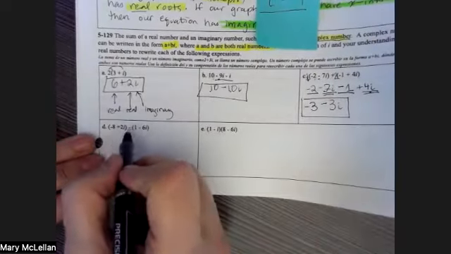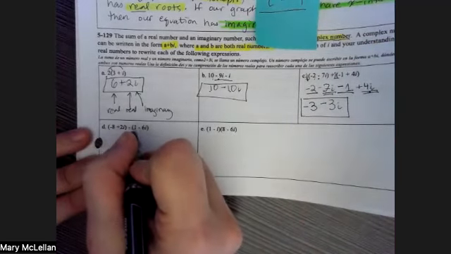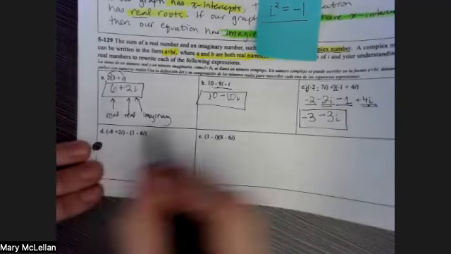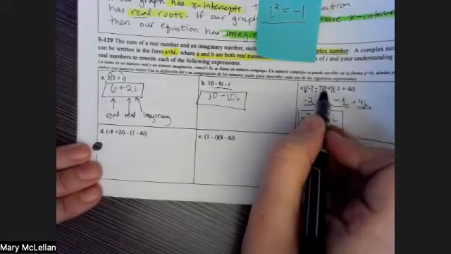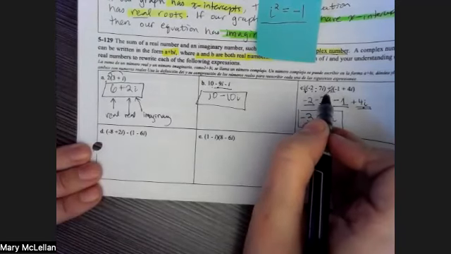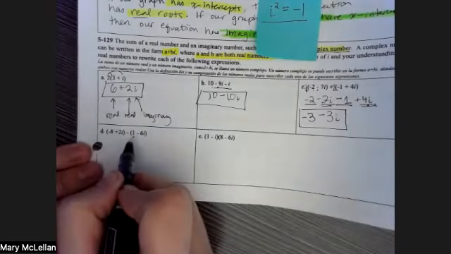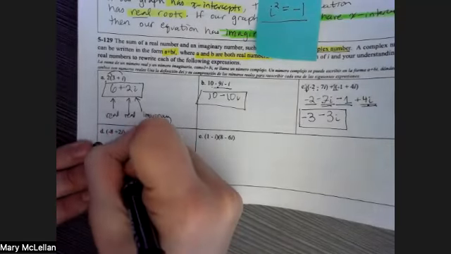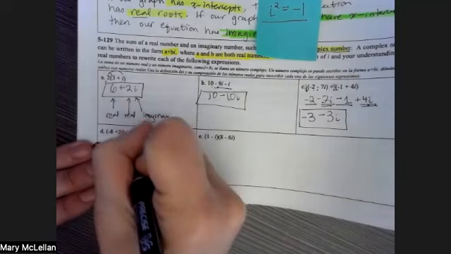Here we have -8 plus 2i minus 1 minus 6i. This is not exactly the same as the one before because there I was adding two complex numbers and now I'm subtracting one complex number from the other. So this becomes -8 plus 2i, and I have to distribute that minus.